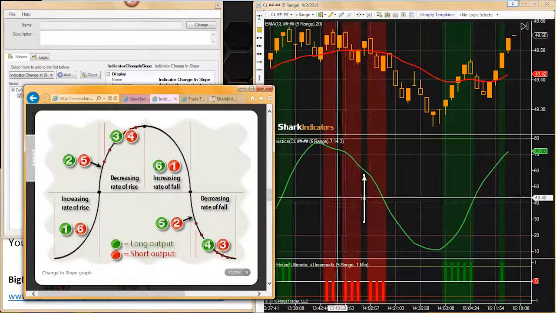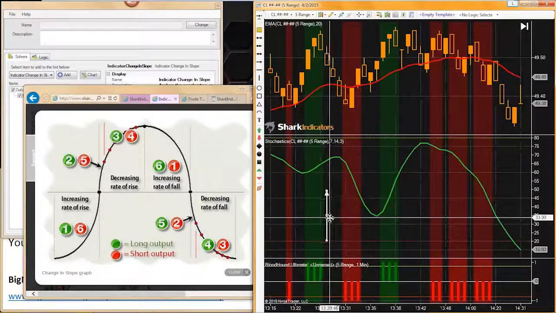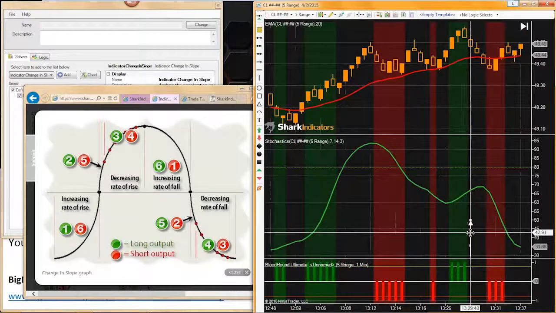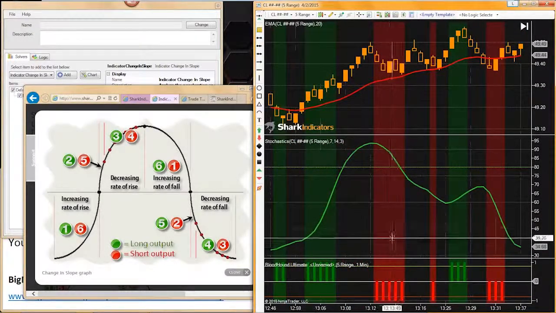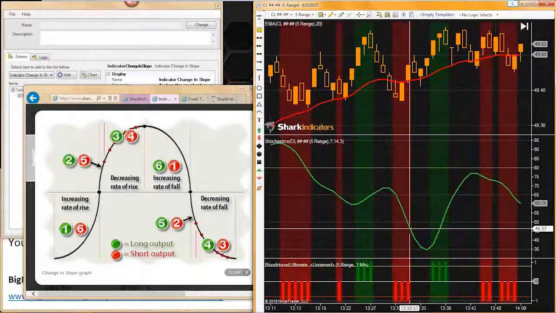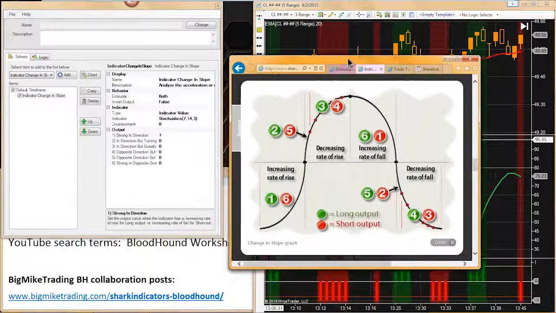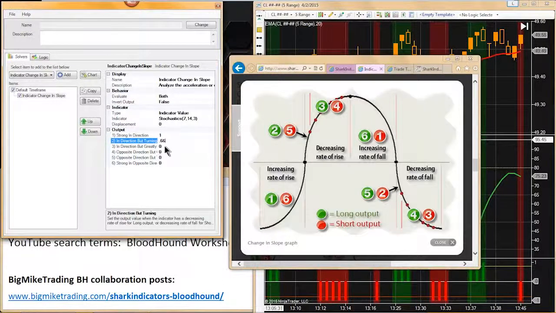So let's look at the long side. Let me switch over to the long side here, and let me find an area and put some values in here. I'm going to put 0.66, which is what was in there before, and 0.33.